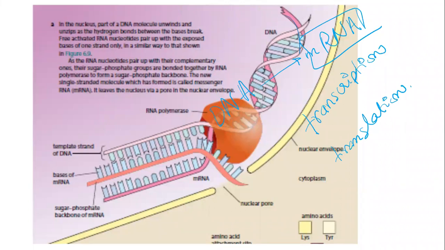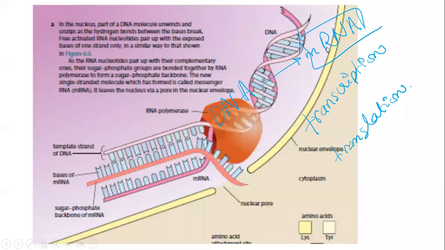Ribosomal RNA is actually made in the nucleolus. The nucleolus that you have inside the nucleus has the function of making ribosomal RNA, and ribosomal RNA is then assembled to make your ribosome. So ribosomes are made up of RNA. The initial process of transcription is when your DNA is transcribed to give you your messenger RNA.